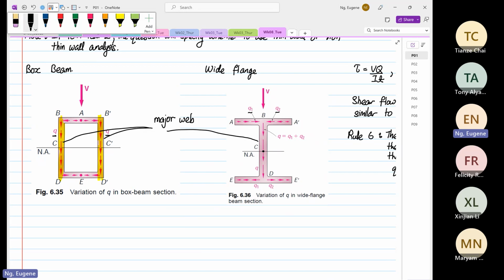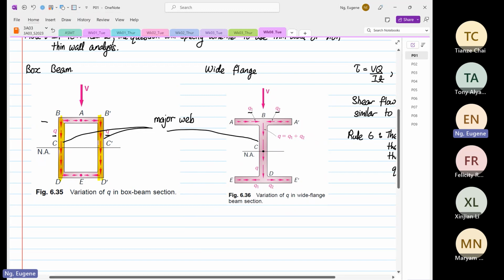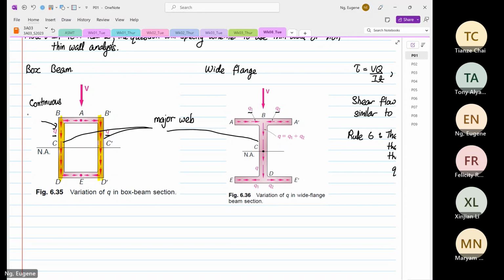You can see that over here is a continuous one-direction shear flow from the top to bottom of the structure.